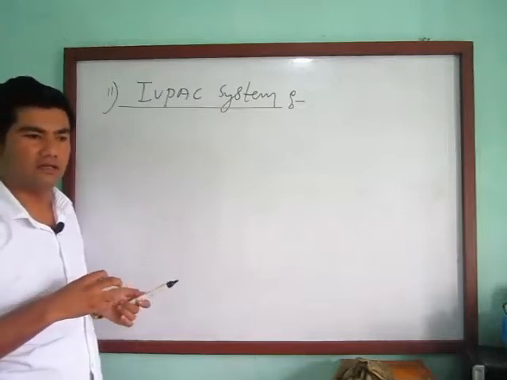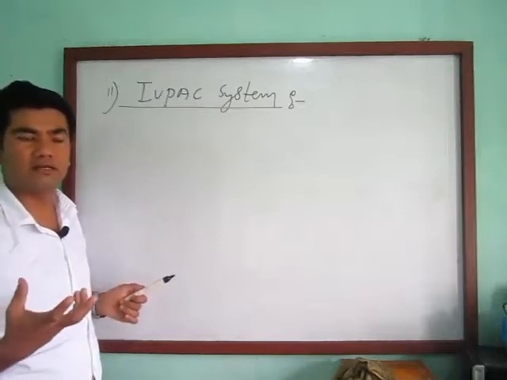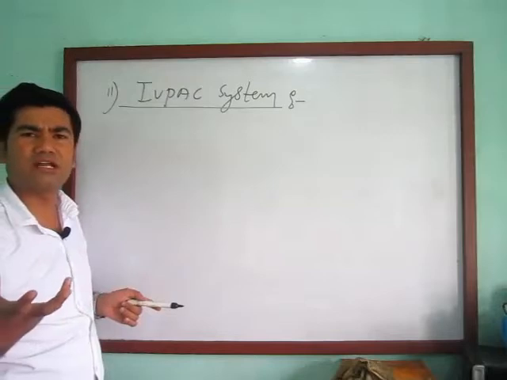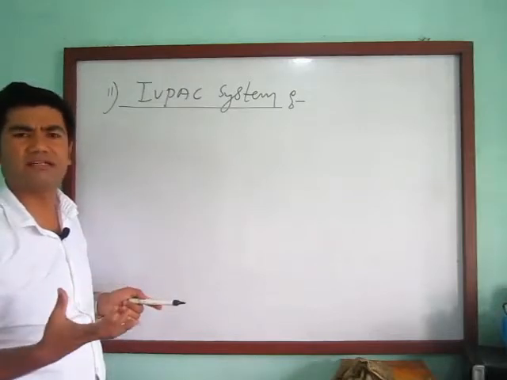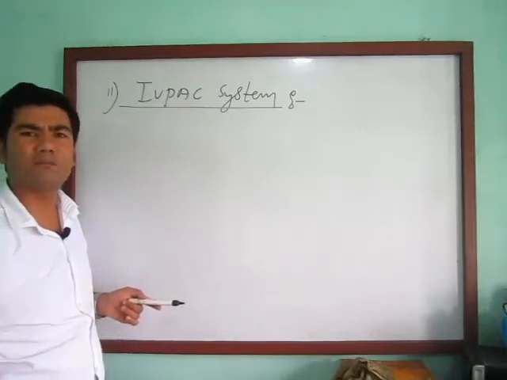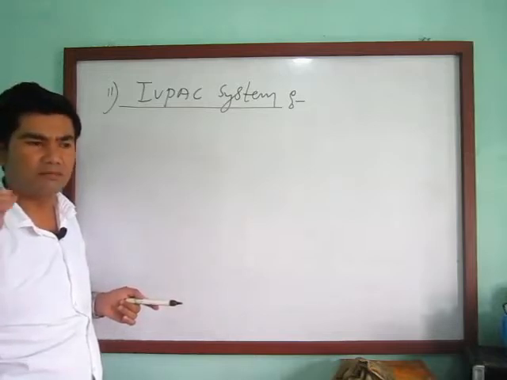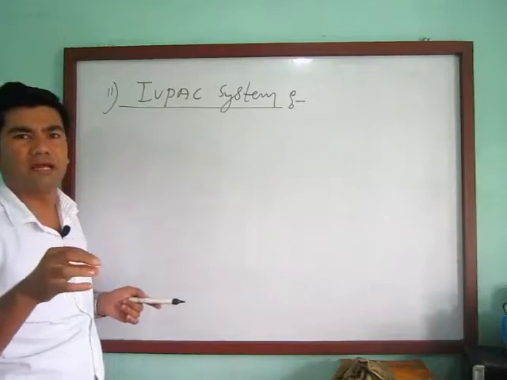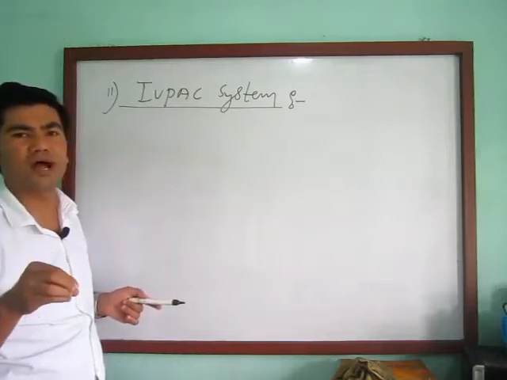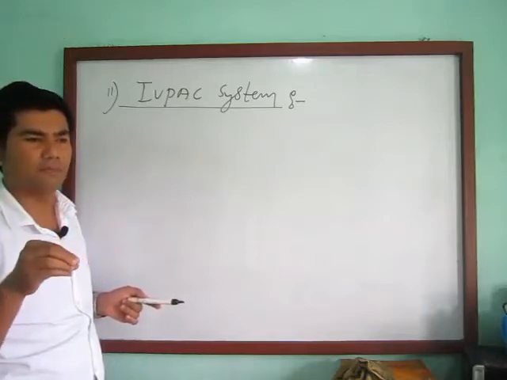Nowadays so many organic compounds are available in the market. There are a number of organic compounds around us, so it is difficult to name them, and also difficult to identify them.